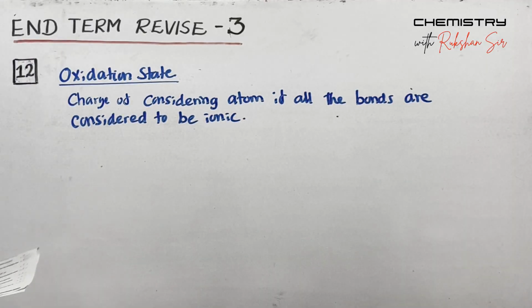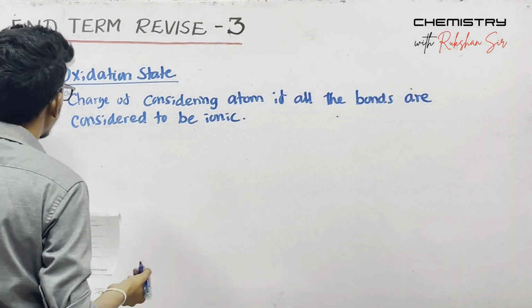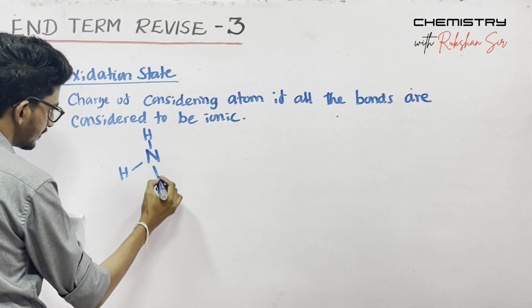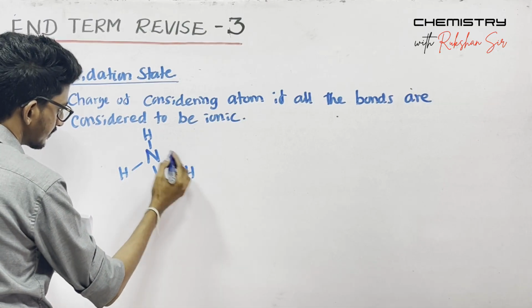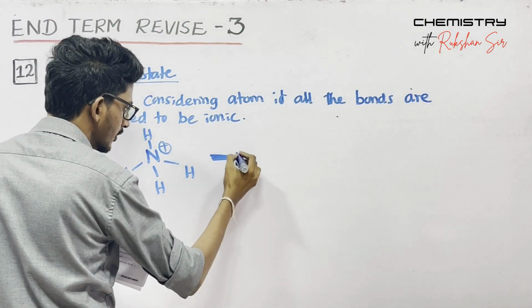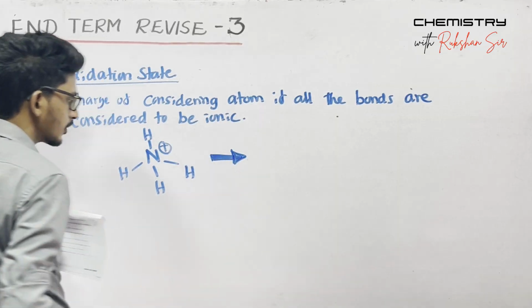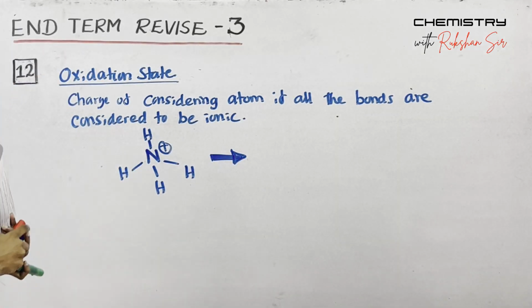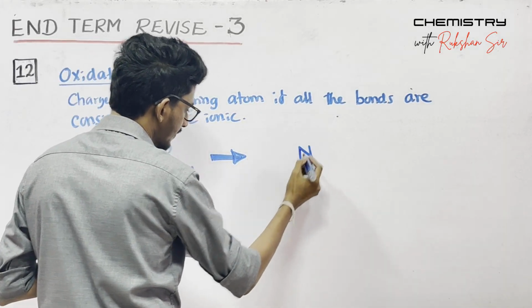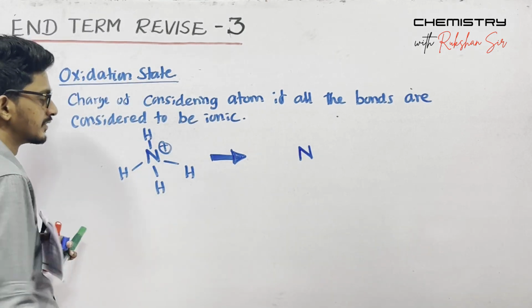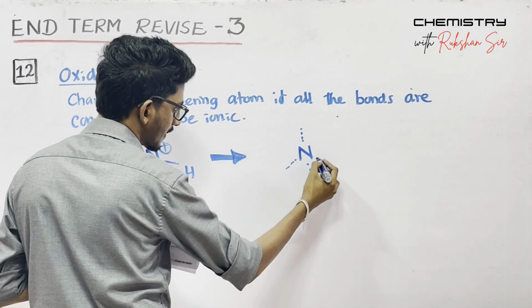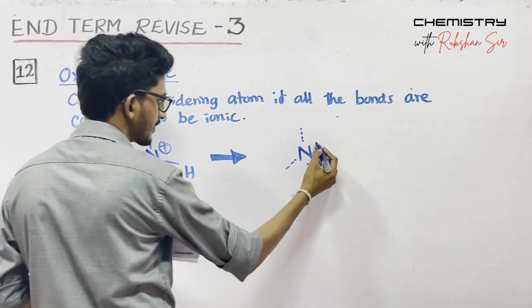Let's discuss the oxidation state in NH4 plus. So this is the NH4 plus. If you have to assume all of these bonds are ionic, no covalent component, then how does it look? So the plus charge always appears.